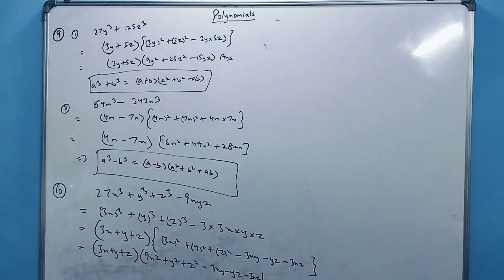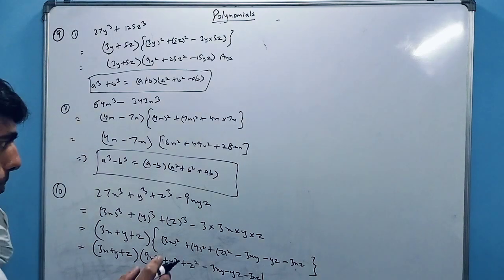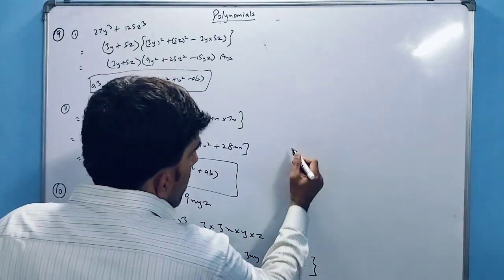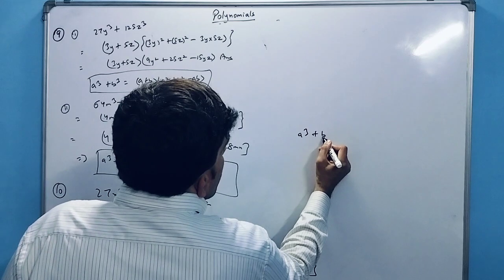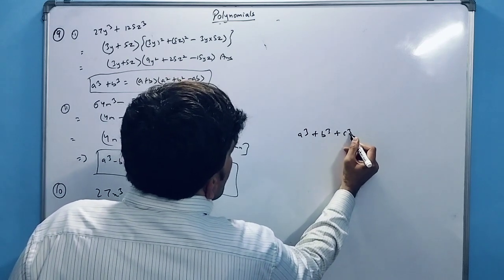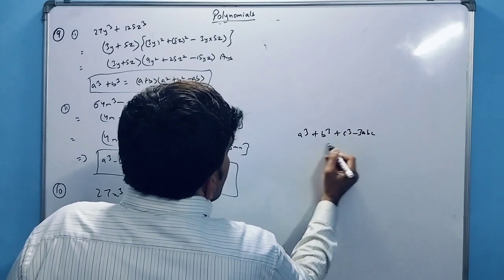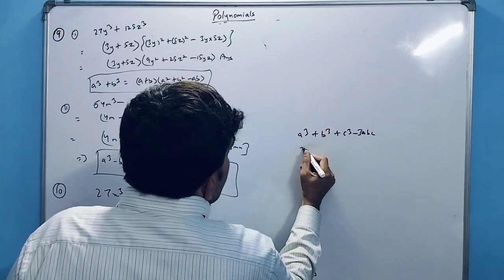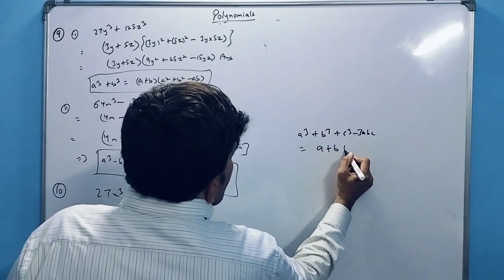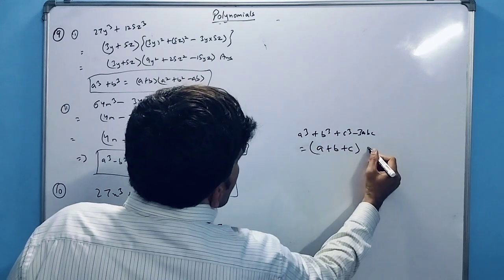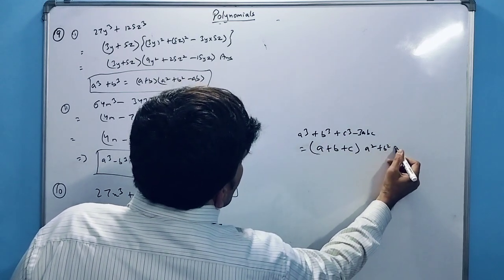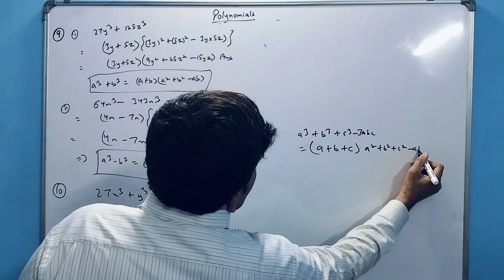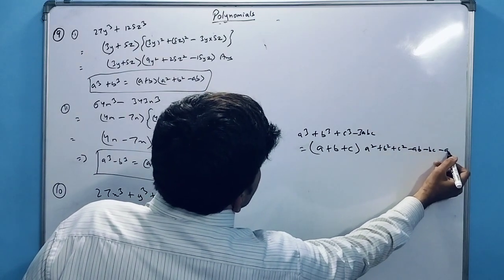So here I have used the identity a cube plus b cube plus c cube minus 3abc is a plus b plus c into a square plus b square plus c square minus ab minus bc minus ac.